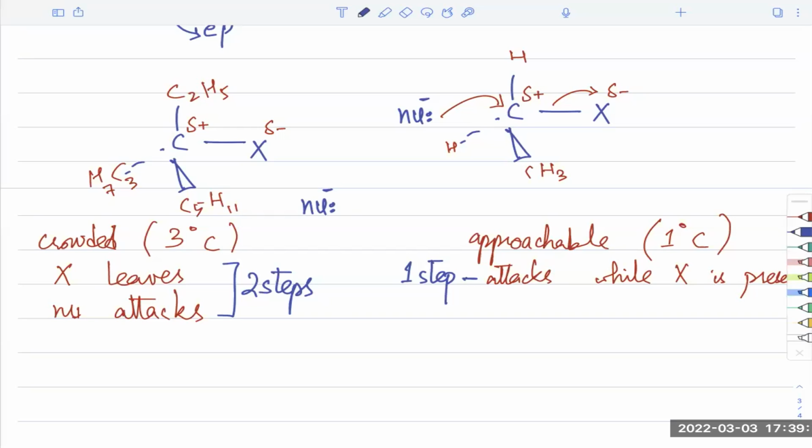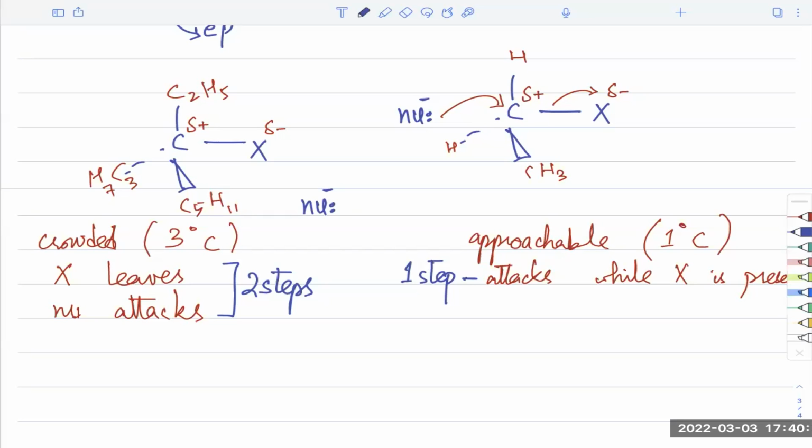Now, it will also affect the rate of reaction. In the left one, when it happens in two steps, the rate only and only depends on the concentration of one compound. The rate just depends on the concentration of the haloalkane. But if it is going to attack at the same time, then the rate depends on the concentration of both X and the nucleophile that's coming in.